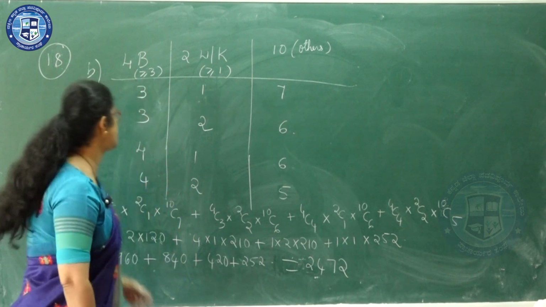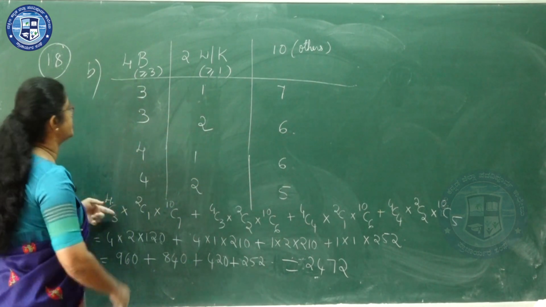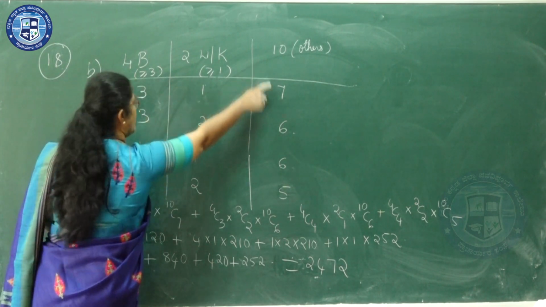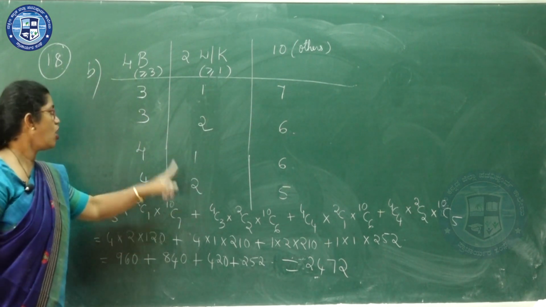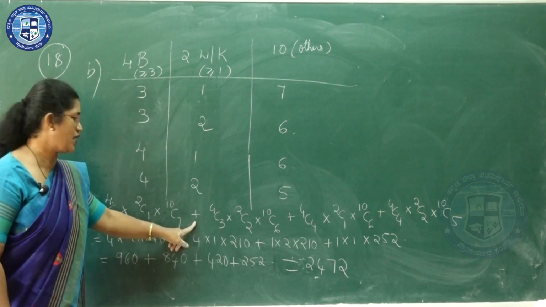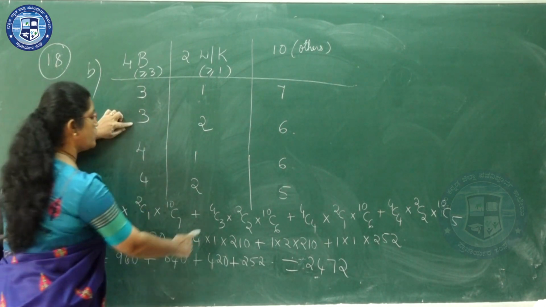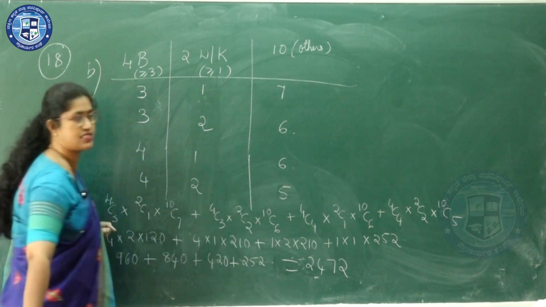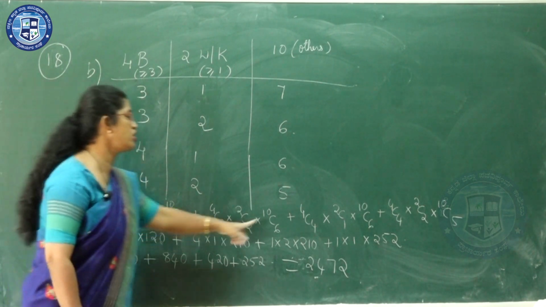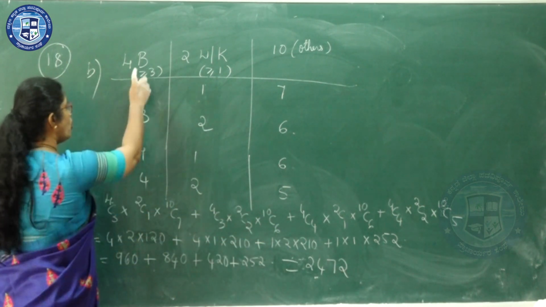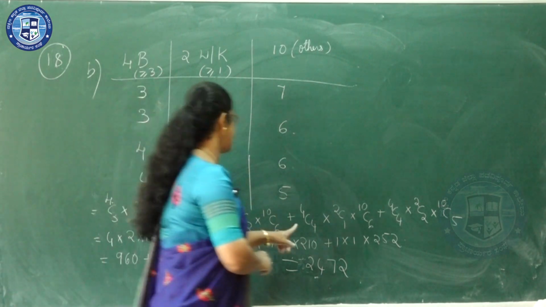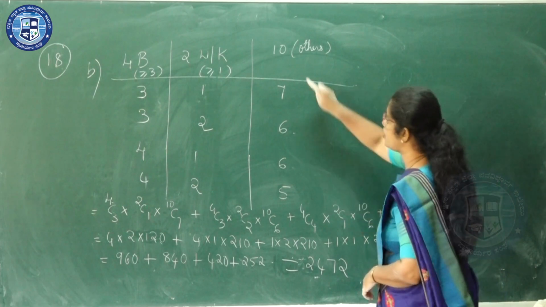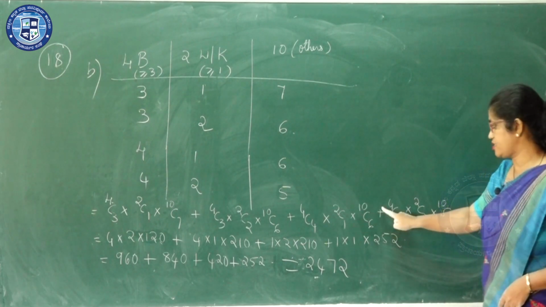When we do the calculations of the first row, we get from 4 choose 3, from 2 choose 1, and from 10 choose 7. Or the second case, so plus, come to the second row, 4C3 into 2C2 into 10C6. Come to the third row, or, so put a plus here, from 4 choose 4, next one is from 2 choose 1, and from 10 you choose 6.